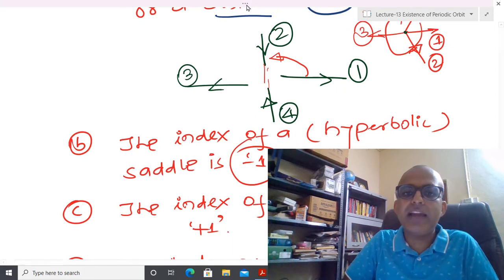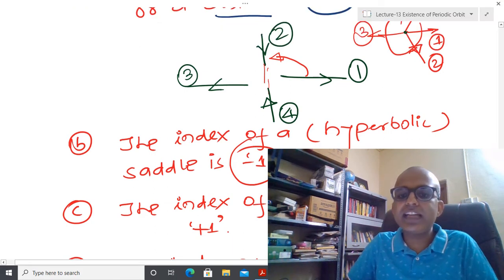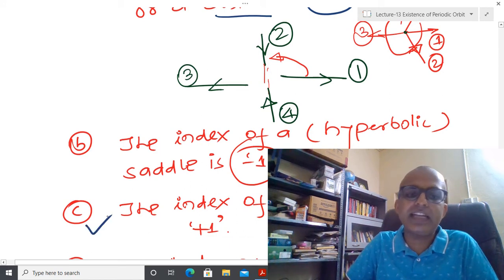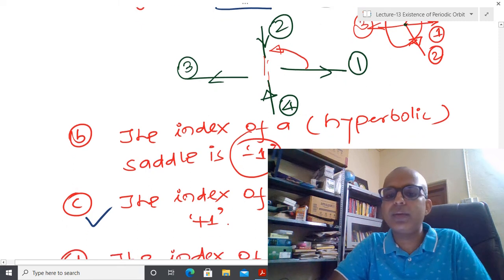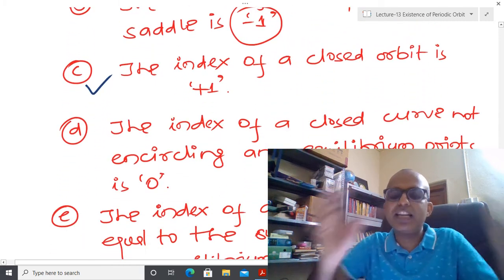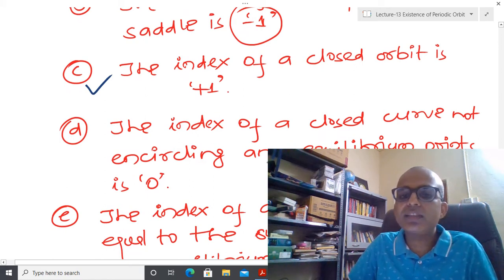In a similar way I have drawn the vector field, and we have already seen that the index of any closed orbit is +1, because whenever I have a closed orbit, the vector field is tangential to the curve, so again that is +1. The index of a closed curve not enclosing any equilibrium point is 0. What we are saying is, suppose I have some kind of closed curve.